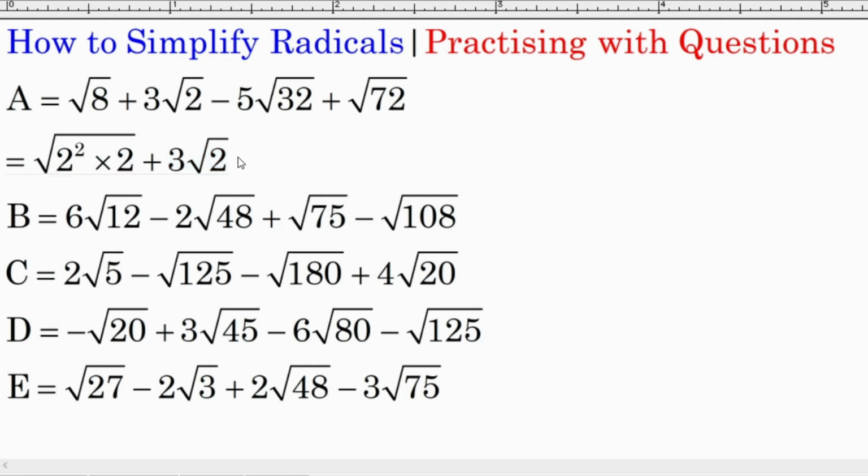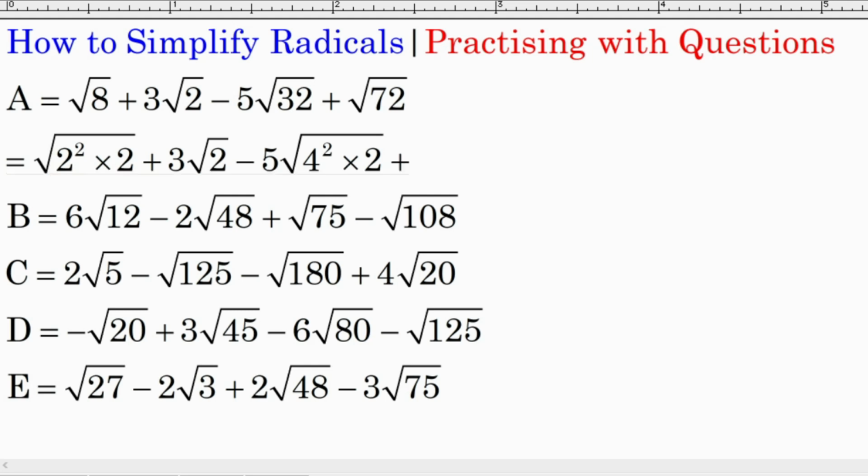And then minus. So we have 5 square root of 32, and 32 here we have to write into two factors. So 32 could be written as 16 times 2. And as you already know, 16 is a perfect square, which is equal to 4 squared.